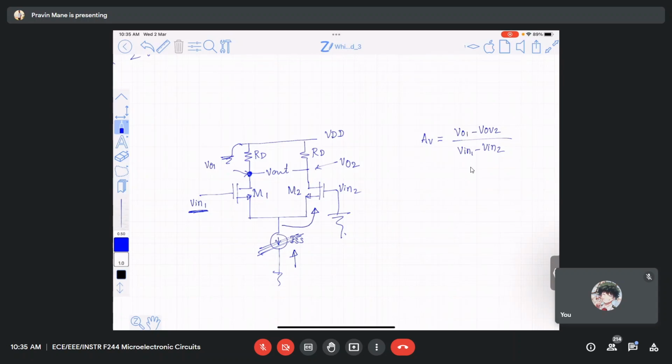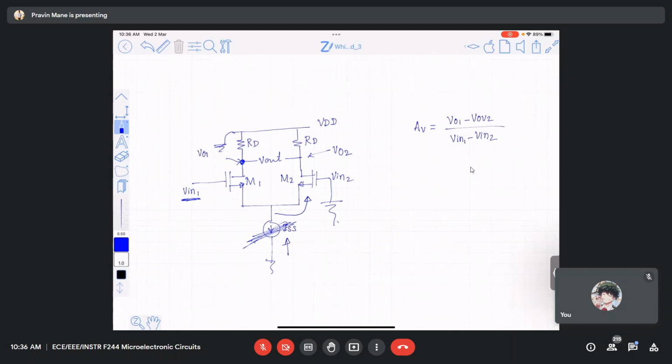Because this is open circuited and ISS is not there, if I look from the source terminal of M2, what is the resistance offered by M2? 1 by GM2. Everyone agrees?